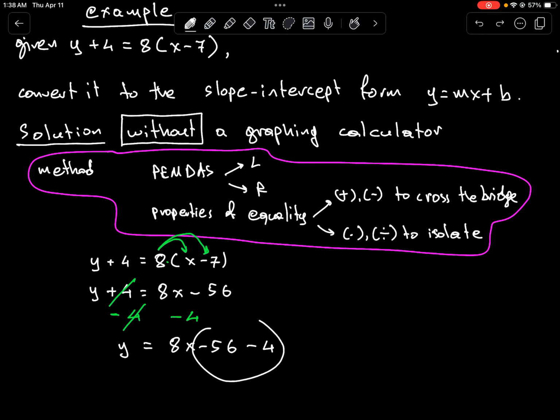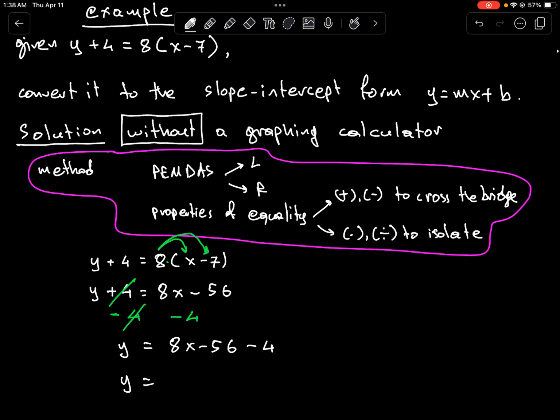Also, those are like terms. Those are the only ones that can be added or subtracted. They cannot mix with the 8x. This has an unknown, and I can't say that, oh, it's 8x minus 4 is 8. Another common mistake is at this point, don't say that 8 minus 4 is 4, okay? Alright, so let's combine those.